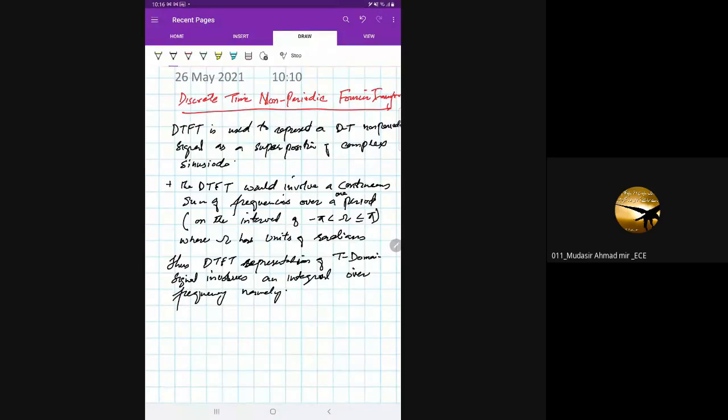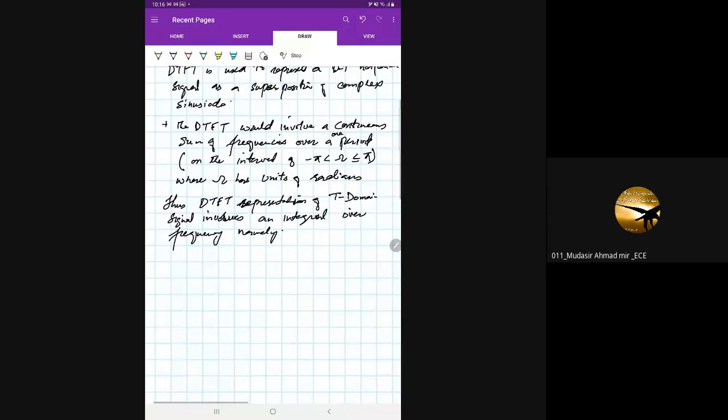So what is integral? Integral means summation. So it involves an integral over frequencies. You have to sum up the effect of various frequencies.